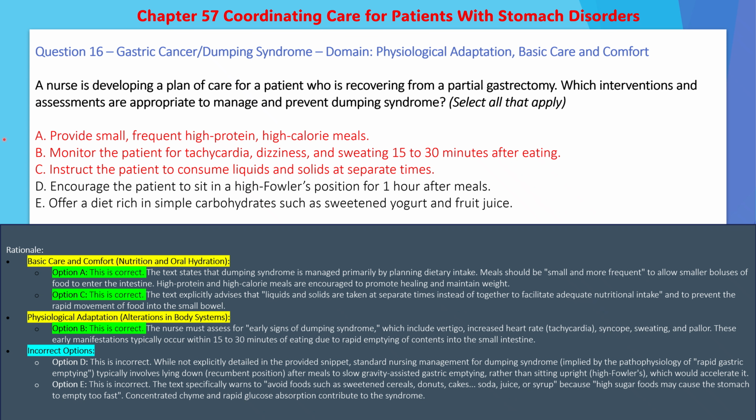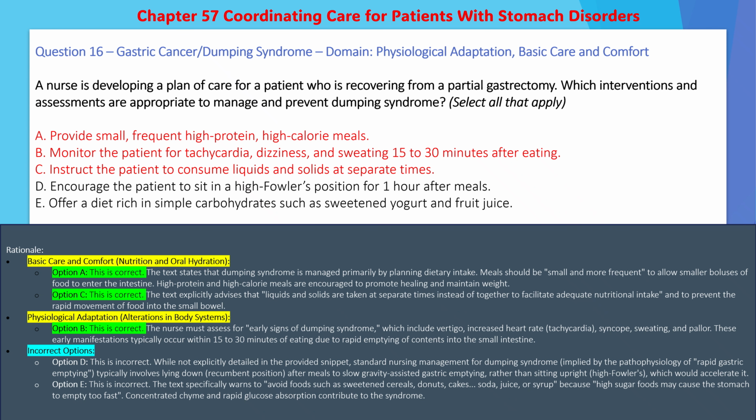So the basic care and comfort, nutrition and oral hydration. For basic care and comfort, we actually have 2 options. Imagine if you miss A, just assuming.